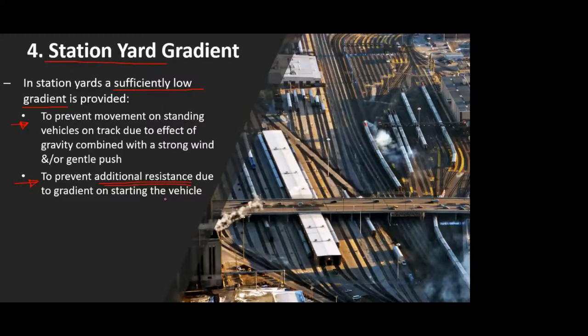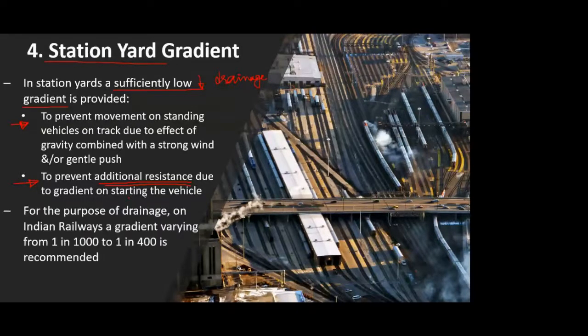It's a small point, but you need to consider that also. So due to these two main reasons, the station yard gradient should be as low as possible, but sufficient to allow the drainage of runoff, whatever is collected on the surface.